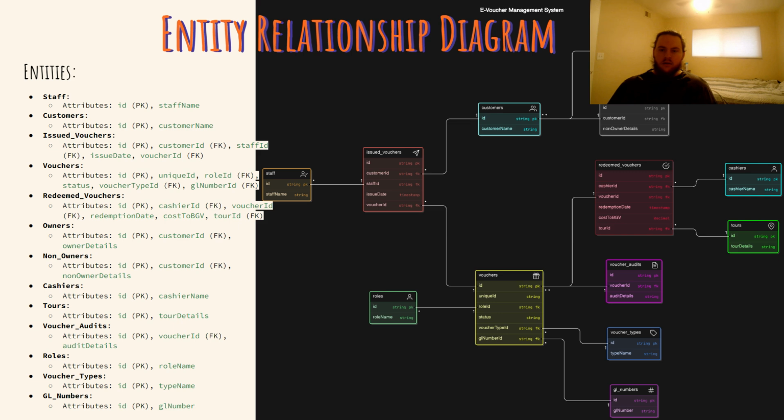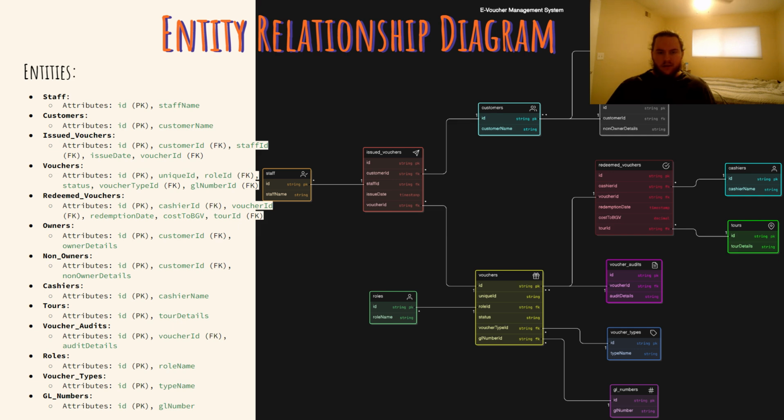So this is the entity relationship diagram, and I'm just going to go over each entity and their basic role. So first we have staff, and the staff represents the employees, of course, who issue the vouchers to the customers, and each staff member has their unique ID and their staff name attached in the system.